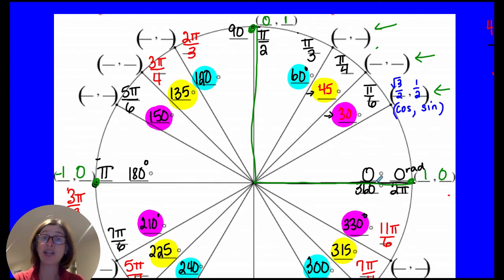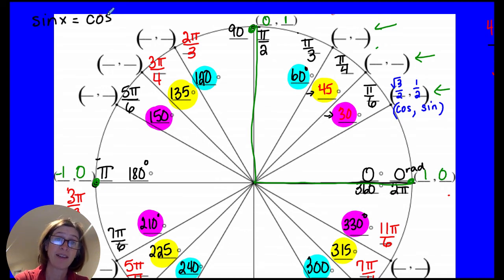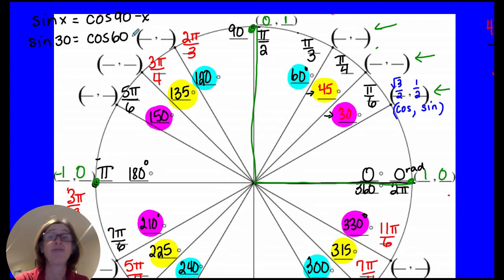Now, sine and cosine are what we refer to as complementary functions. That means that the sine of x is equal to the cosine of 90 minus x. So the sine of 30 degrees would actually be equal to the cosine of 60 degrees, and vice versa.